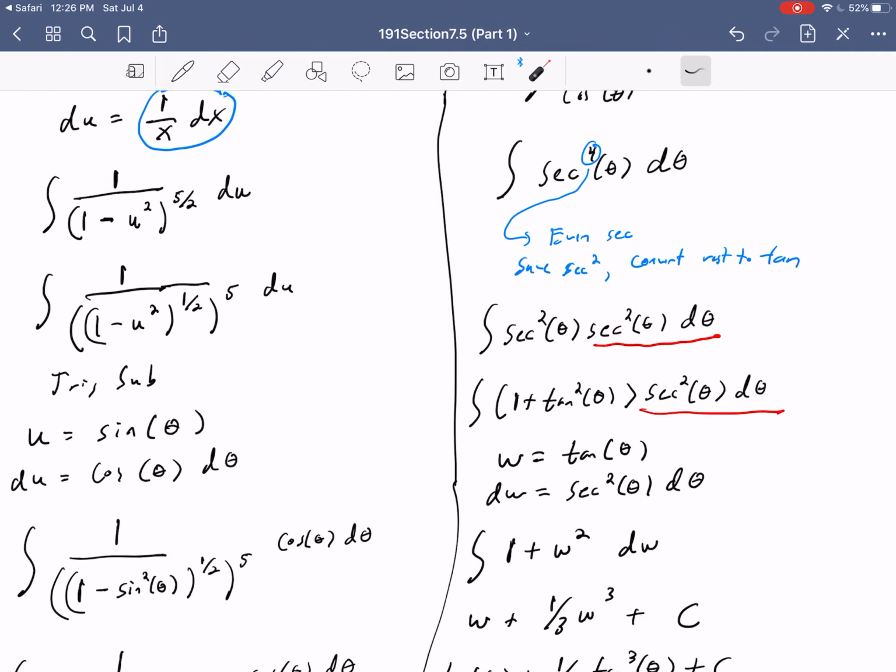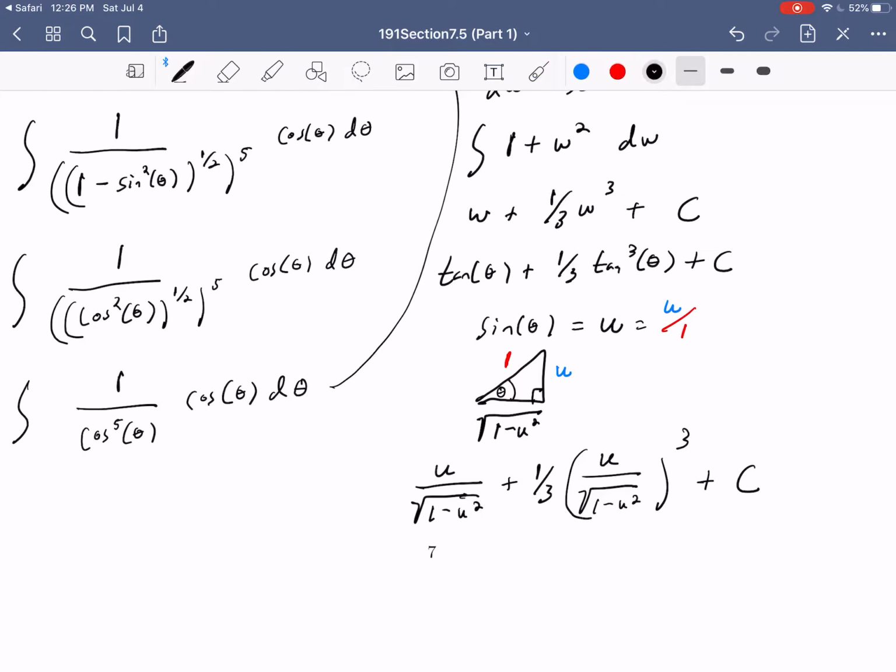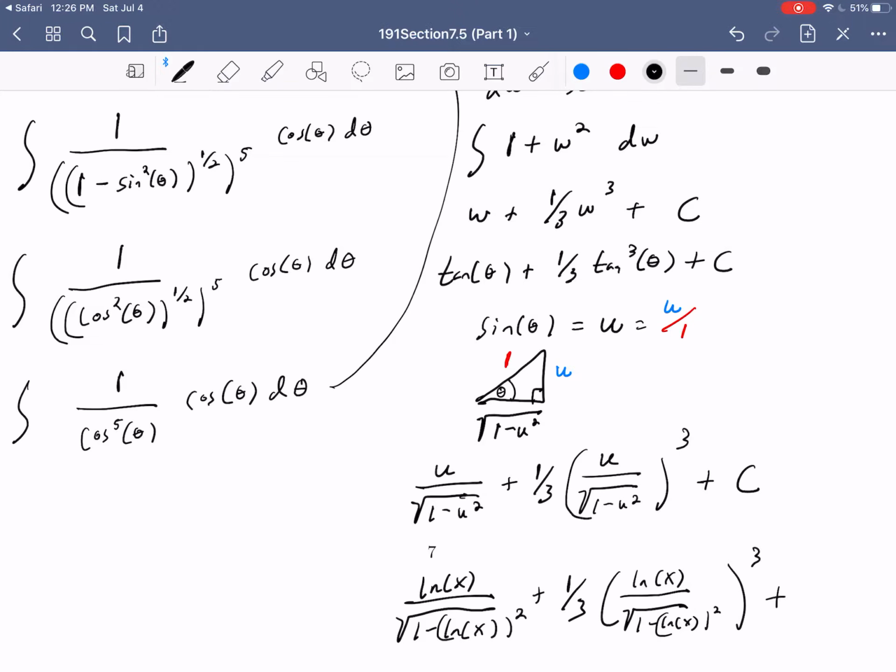Finally, we can go all the way back and say u is equal to ln x. So let's pop that in, and we get ln x over the square root 1 minus ln x squared plus 1/3 ln x over the square root 1 minus ln x squared, all cubed, plus c.